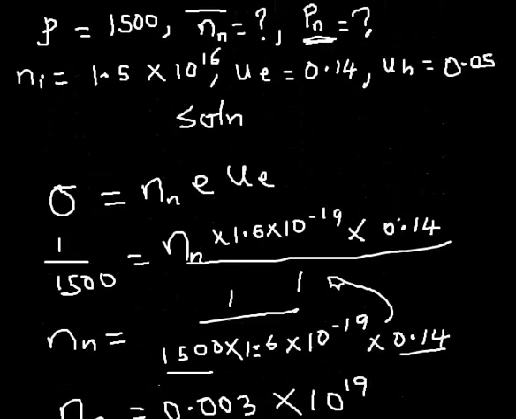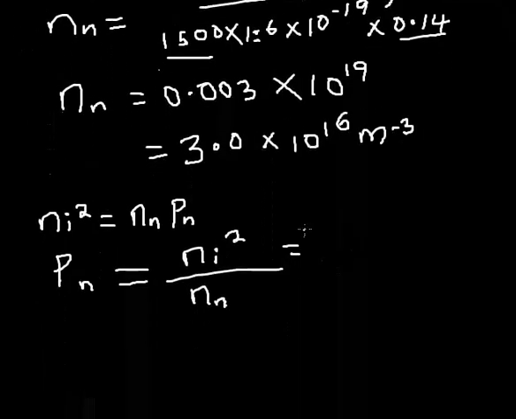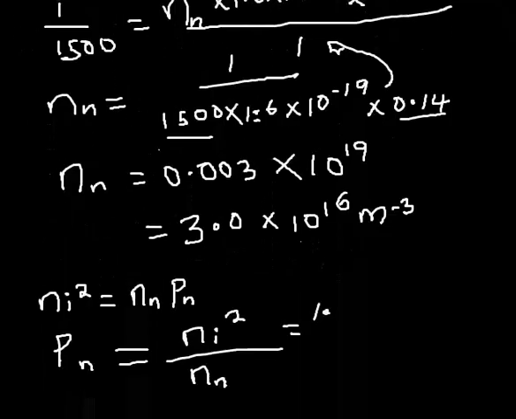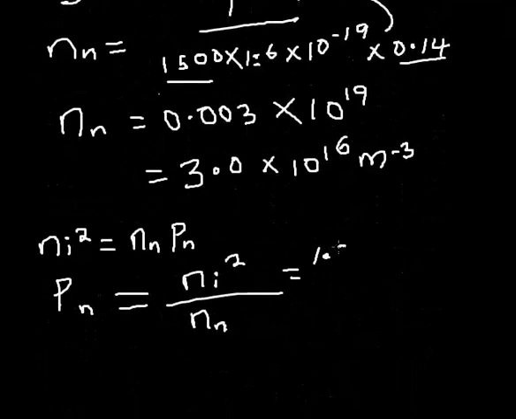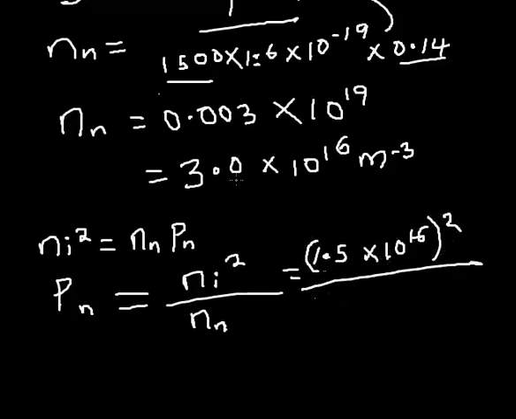So Ni is 1.5 times 10 to the power 16. Remember, it is being squared, so I have to square it, then divide by 3.0 times 10 raised to the power of 16.